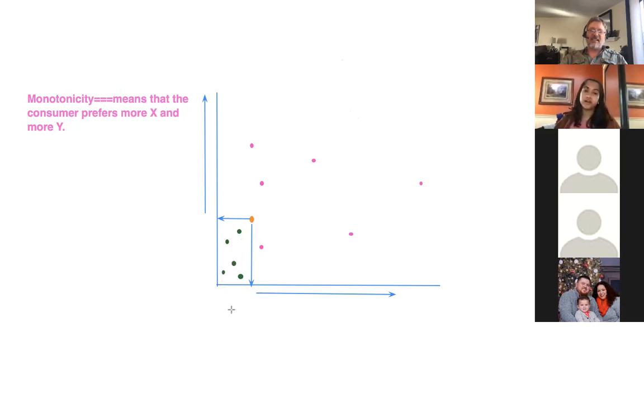Inferior compared to that other one. They would prefer the orange one over the green ones.